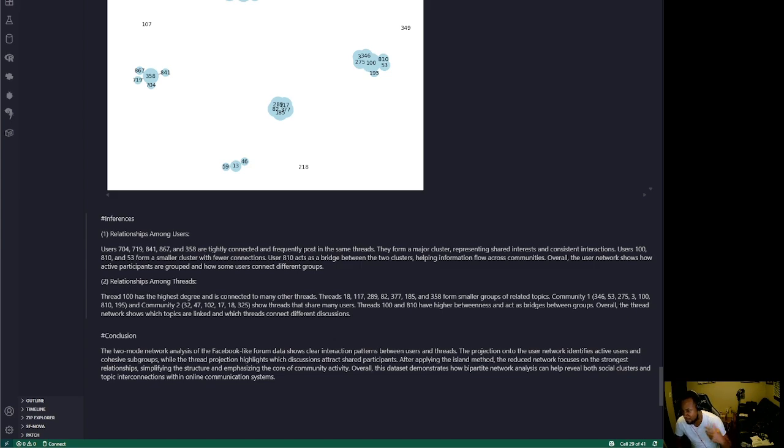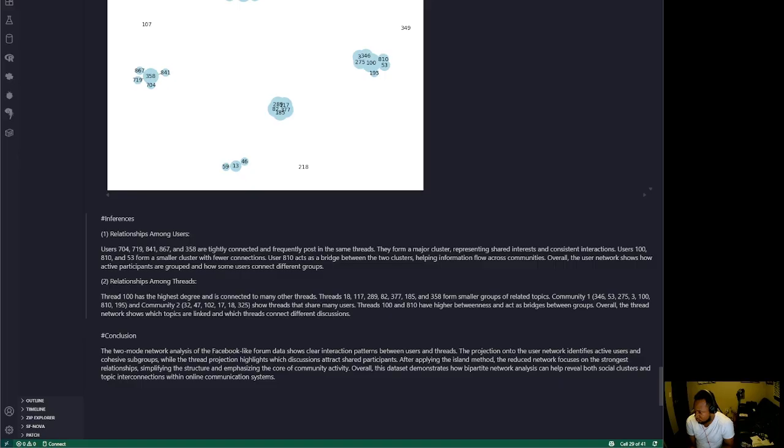So they form a major cluster representing shared interests and consistent interaction. Users 100, 810, and 53 form a smaller cluster with fewer connections. User 810 acts as a bridge between the two clusters, helping information flow across communities.